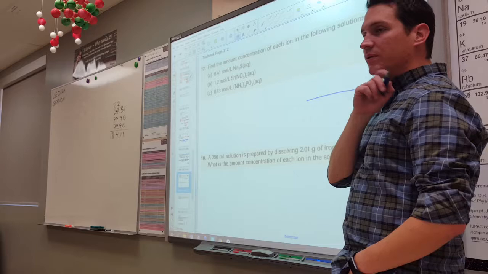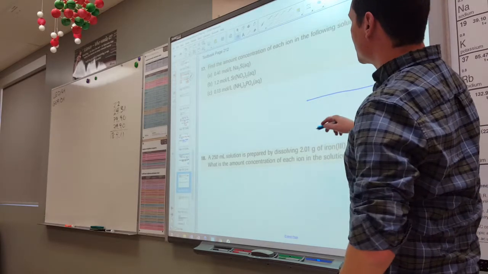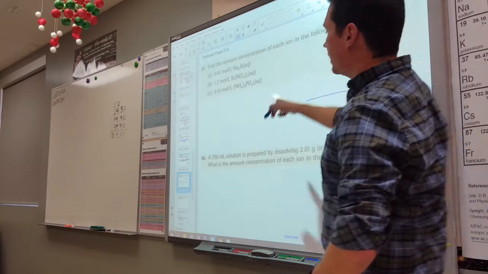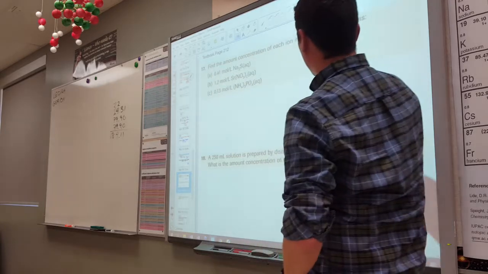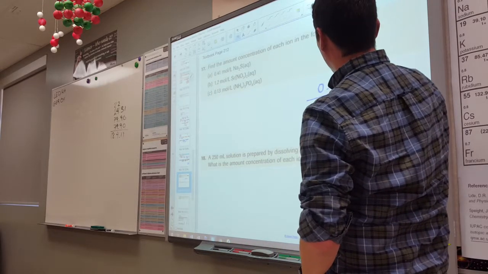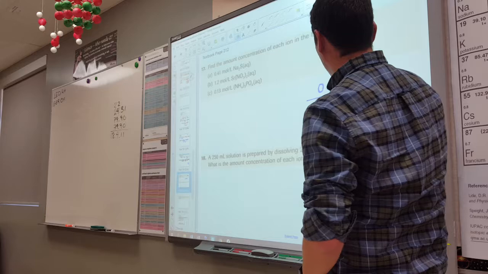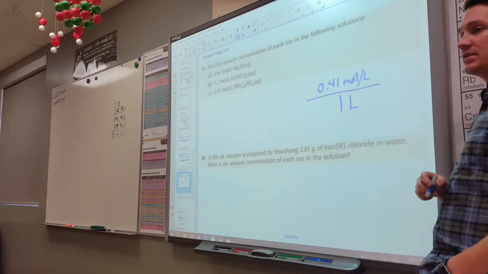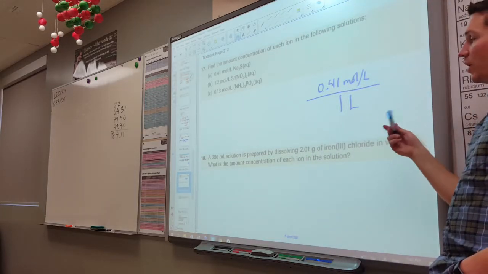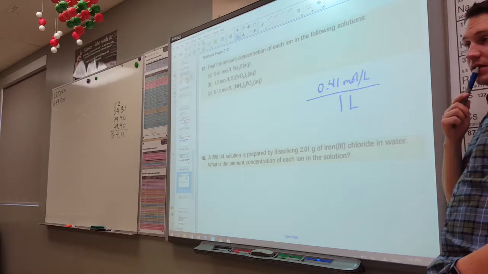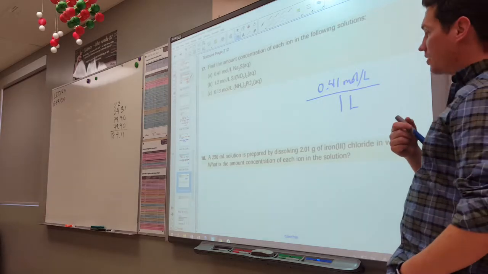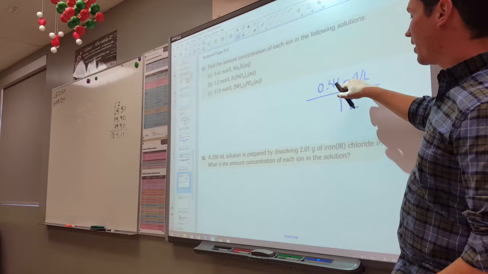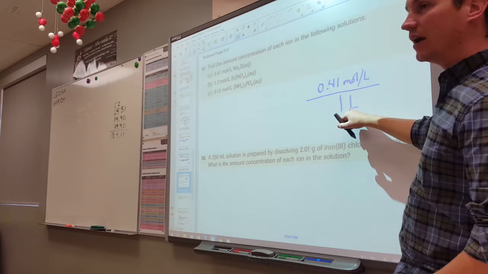Some of you are still doing this. I just want to bring your attention to something. If you were to write, I don't know, 0.41 moles per liter, some of you are still writing this. No. What is wrong about this? You've got to put the formula on top. You're putting a fraction inside a fraction, right?